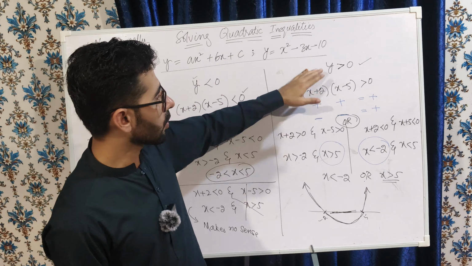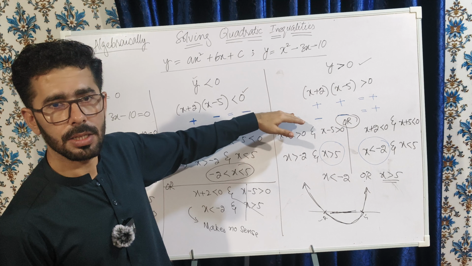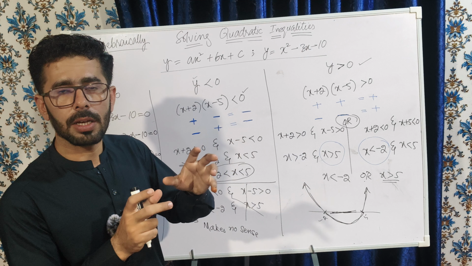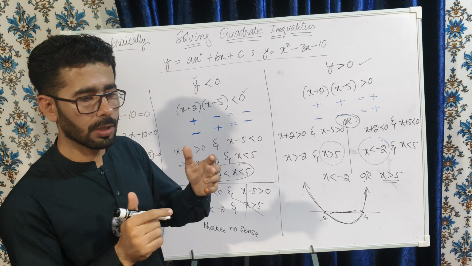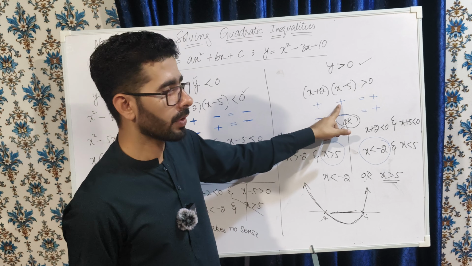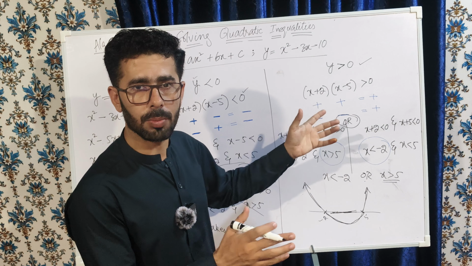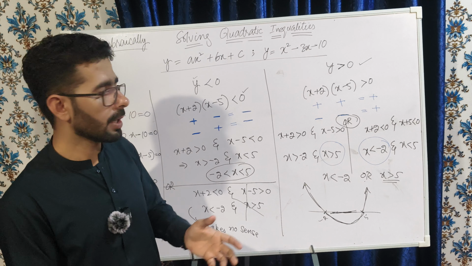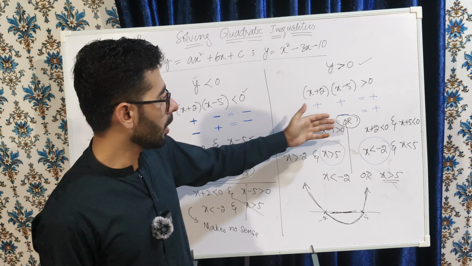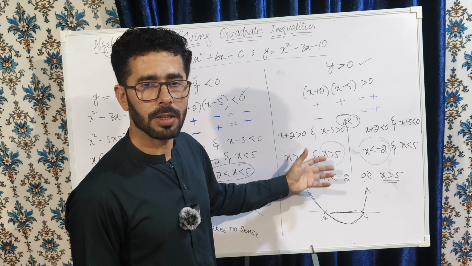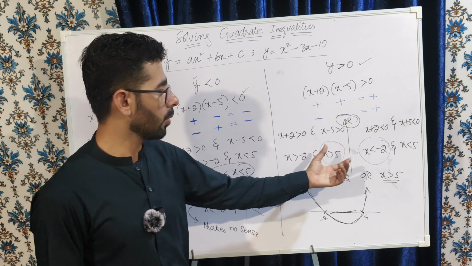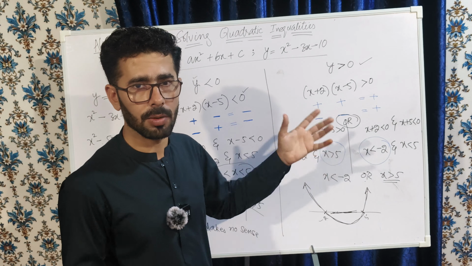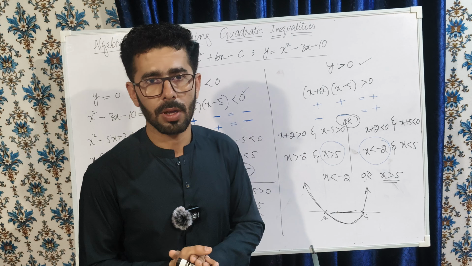In a similar way we solve it for y bigger than 0, and for a product to be positive, the suitable option is that either both of the factors are positive, so the product is positive, or both of the factors are negative, so the product is positive again. We solve both of the cases one by one, choose the smallest value in case of the less than, choose the biggest value in case of the bigger than, we merge them with an OR, and that's our result.